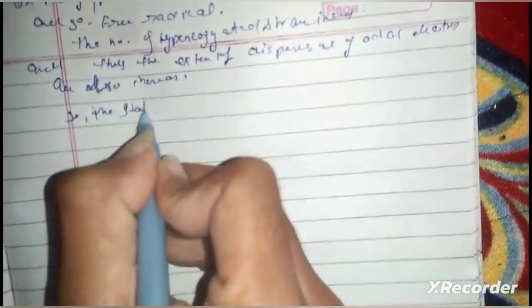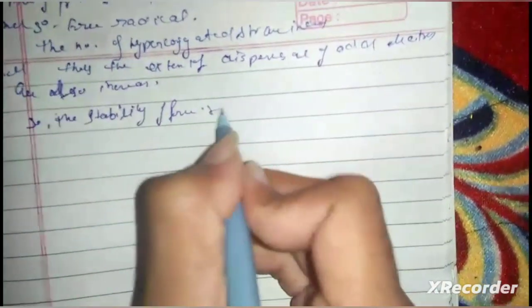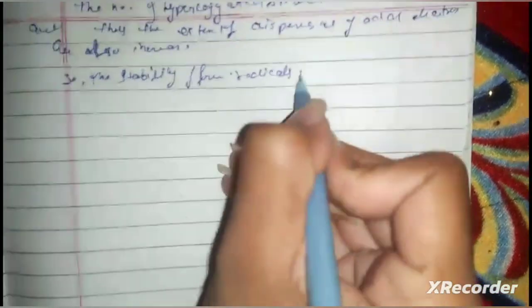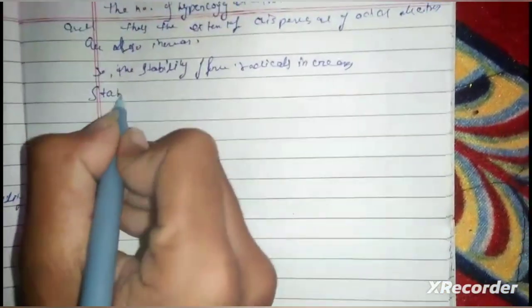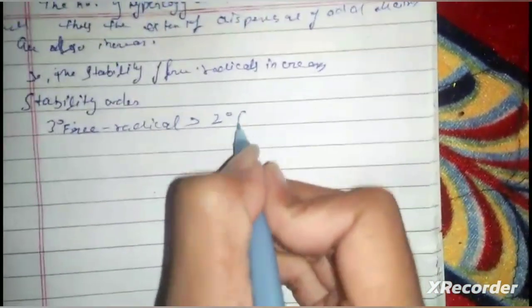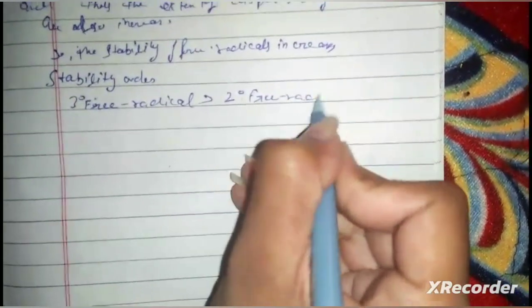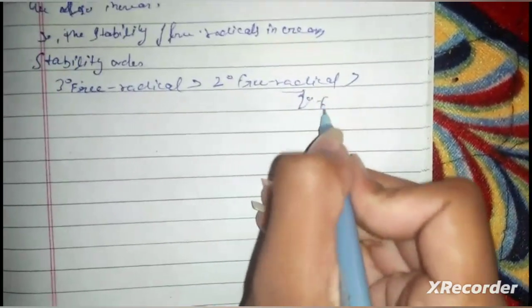So the stability of free radicals increases, and the stability order is: tertiary free radical is more stable than secondary free radical, and secondary free radical is more stable than primary free radical.